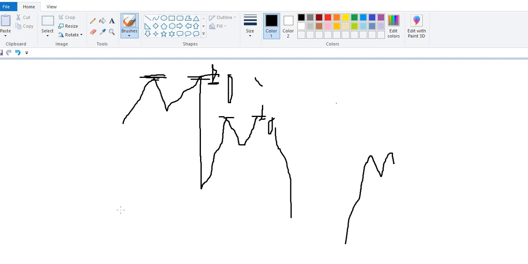So now let's move toward the double bottom examples, and let me show you how to trade the double bottom pattern correctly, where to trade this pattern and where to avoid the double bottom pattern.